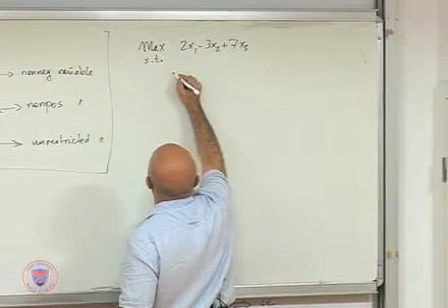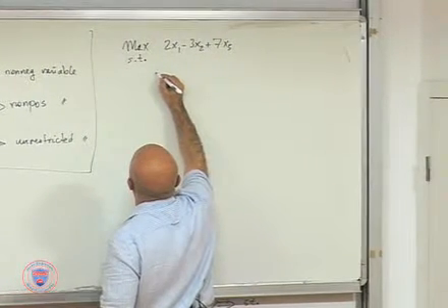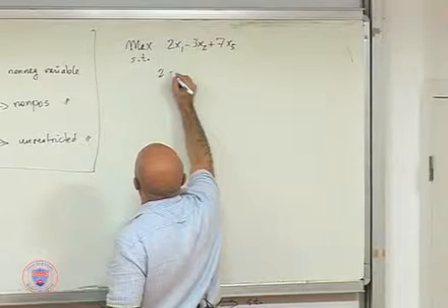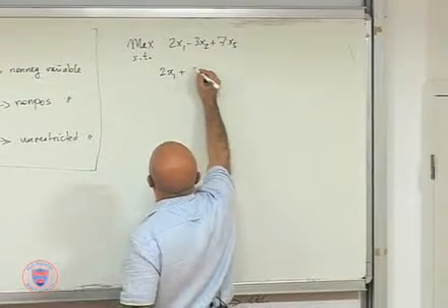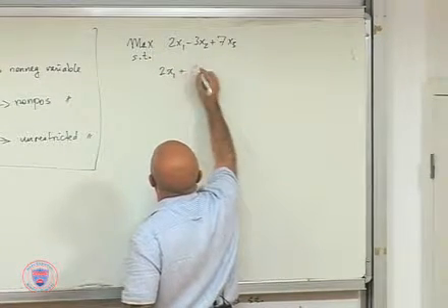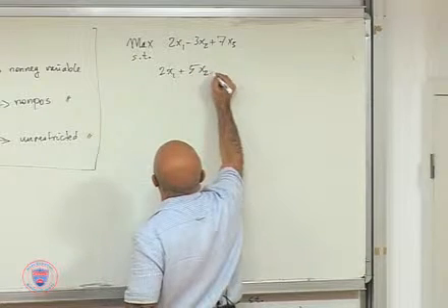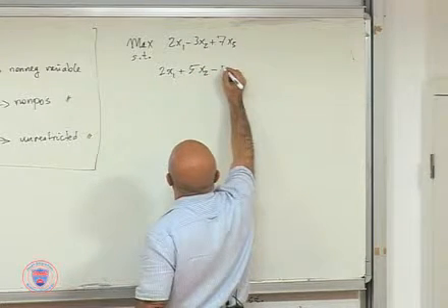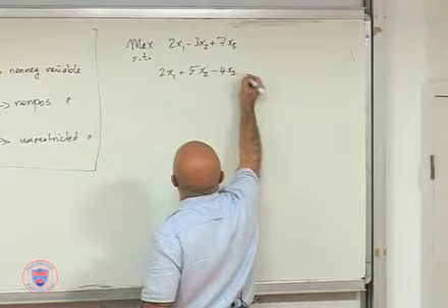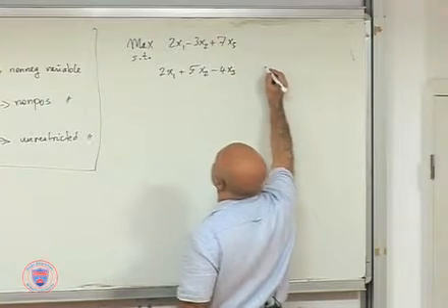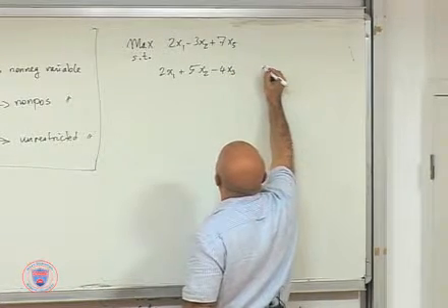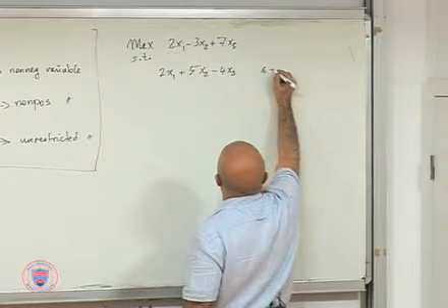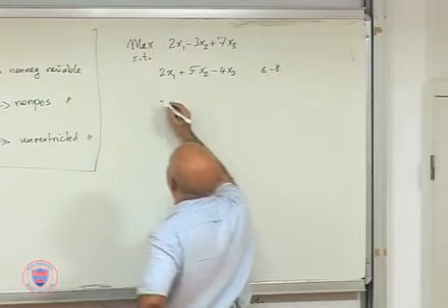Let me have a constraint which gives, for example, 2x1 plus 5x2 minus 4x3 less than or equal to minus 8.